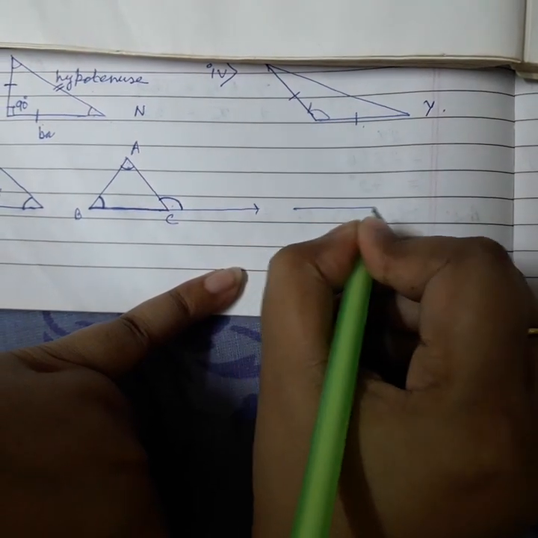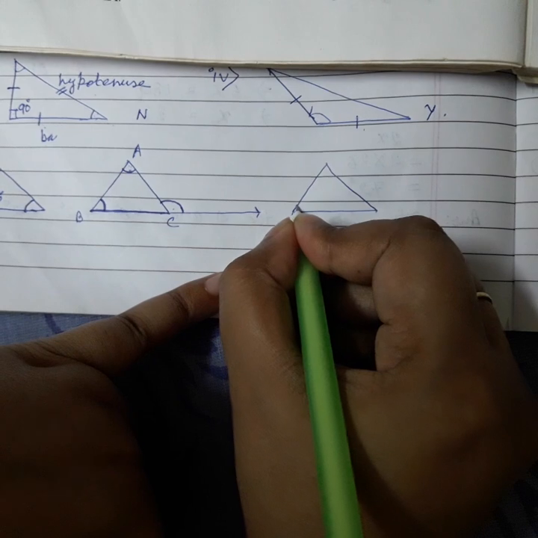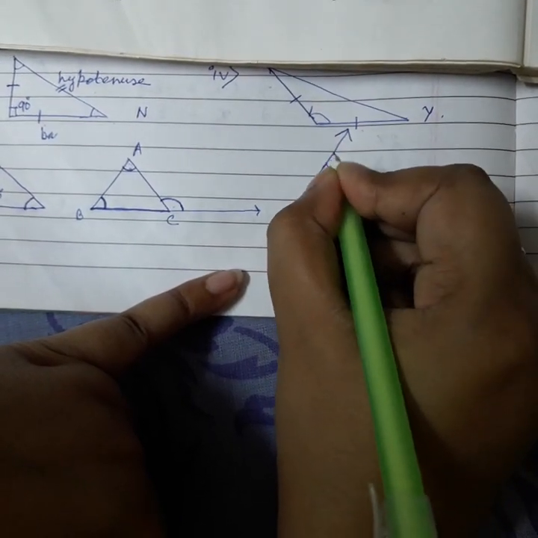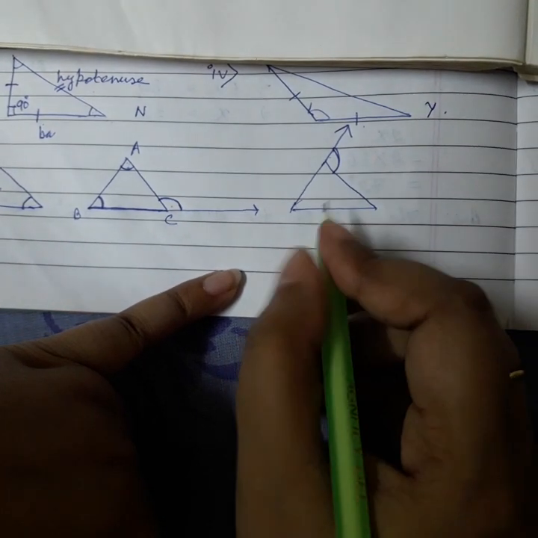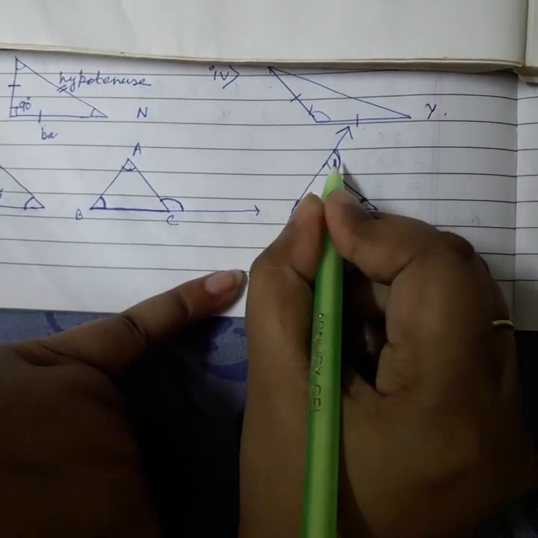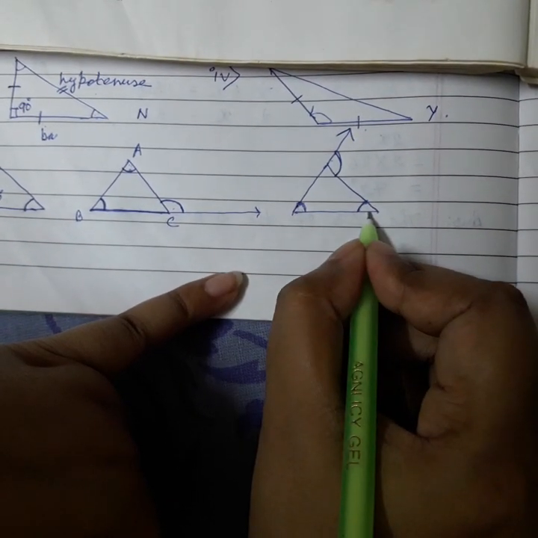If I draw a triangle, and suppose this side I am extending on that side, so that will be the exterior angle. And what will be the opposite interior angles? That too. So this exterior angle equals the sum of the opposite interior angles.